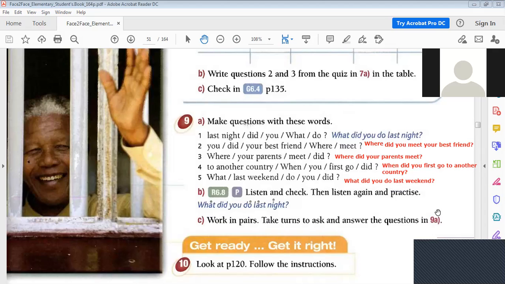When did you first go to another country? 5. What did you do last weekend? What did you do last weekend?